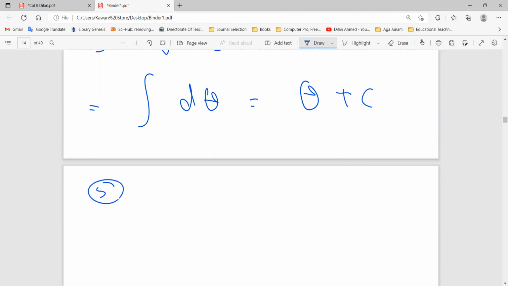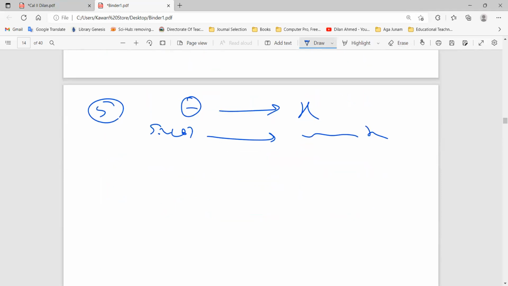The fifth step is changing theta, or the result of theta, again to x. For example, if you have sine theta, change it to something in x. Understood what I mean? Now, in my example, I got theta plus c. So how do I change theta to x?